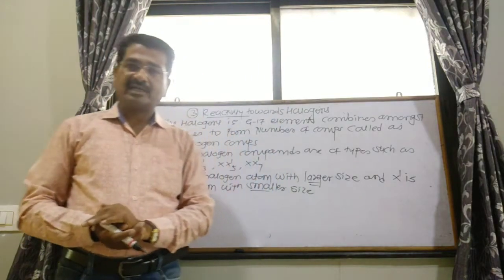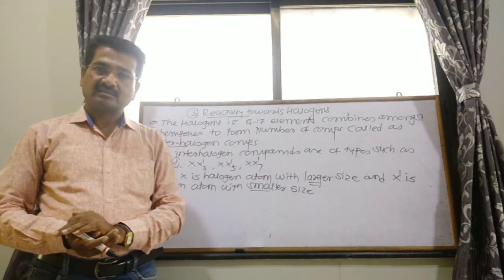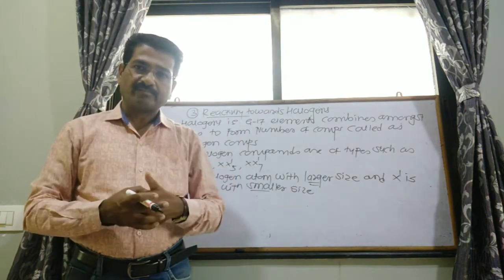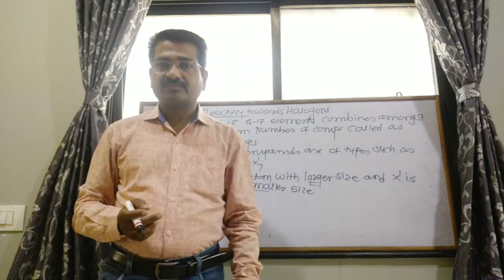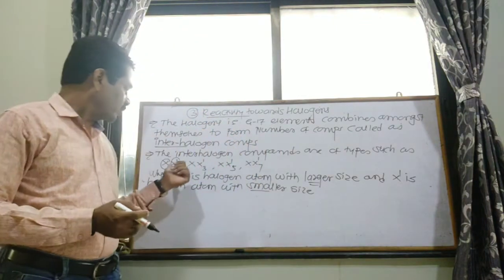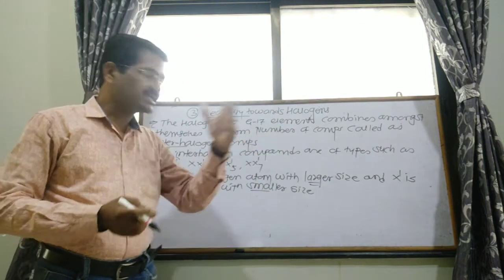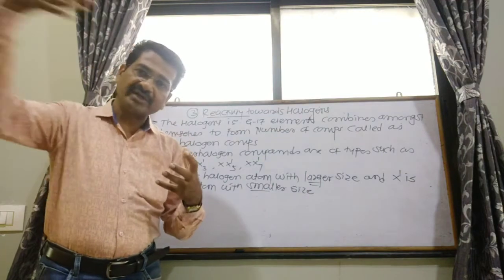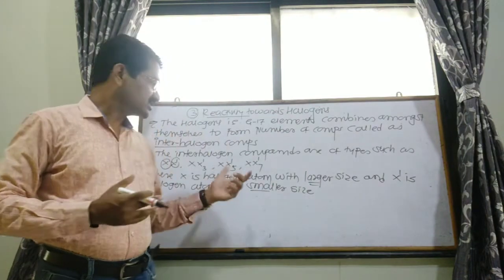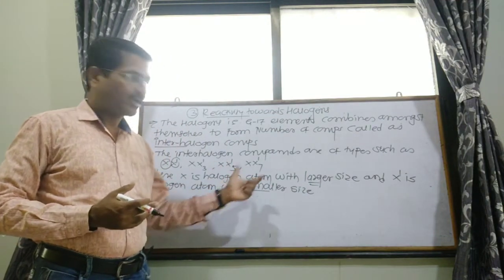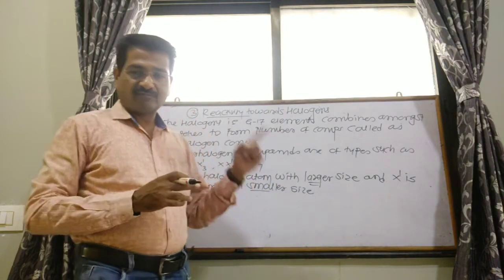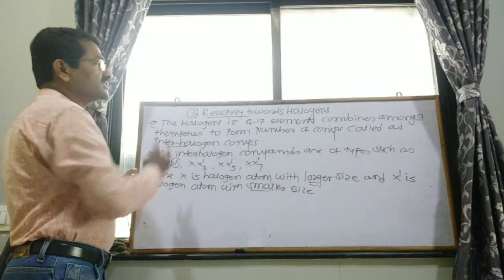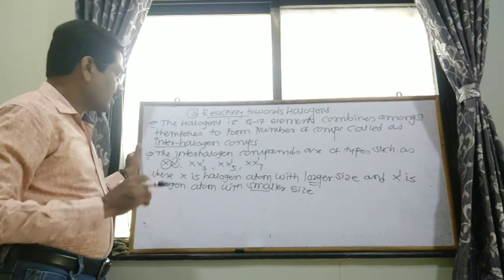The interhalogen compounds are formed by reaction of halogens with a difference in size. The basic halogen has the larger size, and another halogen reacts with the parent halogen having the smaller size. Both halogens have different sizes. It can form the compounds called interhalogen compounds.